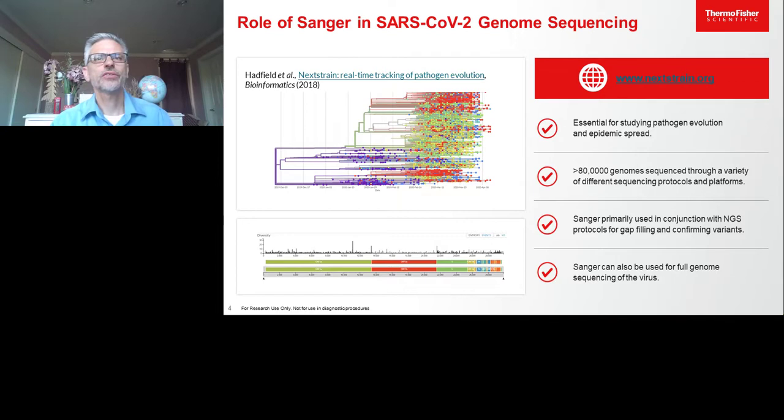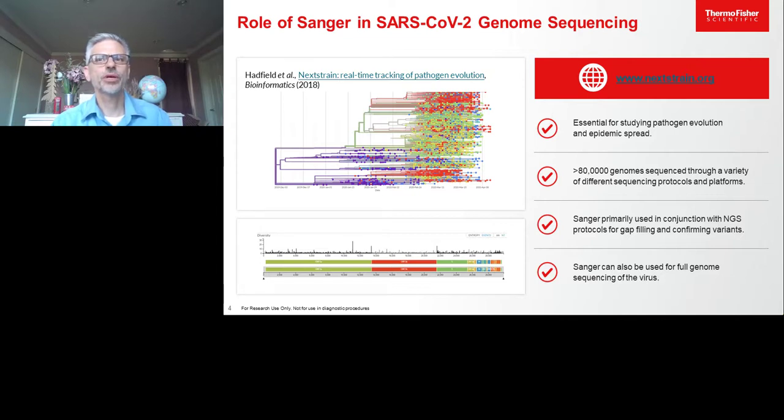NGS has, of course, been the primary technology used for whole genome sequencing, and there are many different published protocols on different NGS platforms, including the Ion AmpliSeq SARS-CoV-2 research panel, which provides 99% of the viral genome, and when run on the Genexus integrated sequencer, has a turnaround time of about 1 day to produce a full viral sequence.